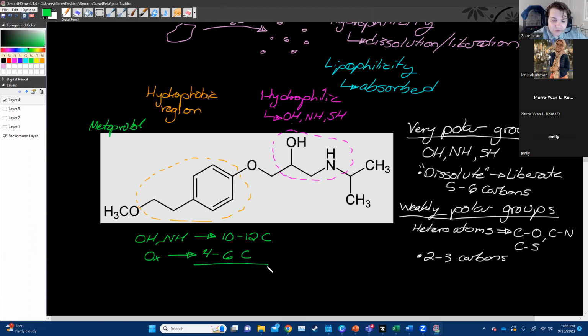So these functional groups are balancing 14 to 18 carbons. So now what we can do is count the number of carbons in this molecule. So there's 1, 2, 3, 9 for the benzene ring, 10, 11, 12, 13, 14, 15.